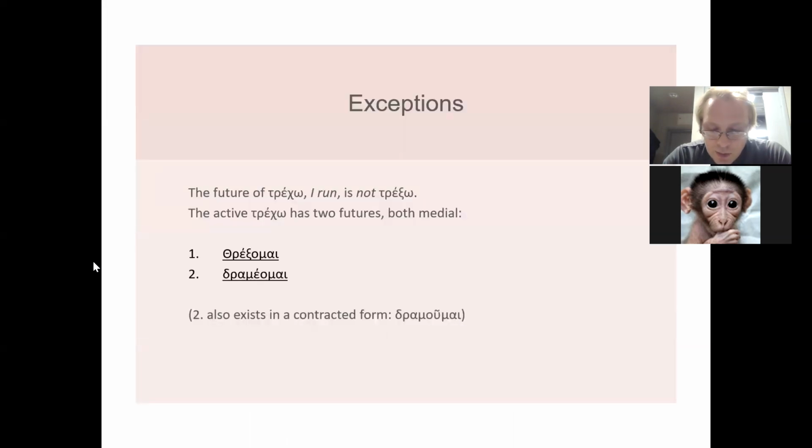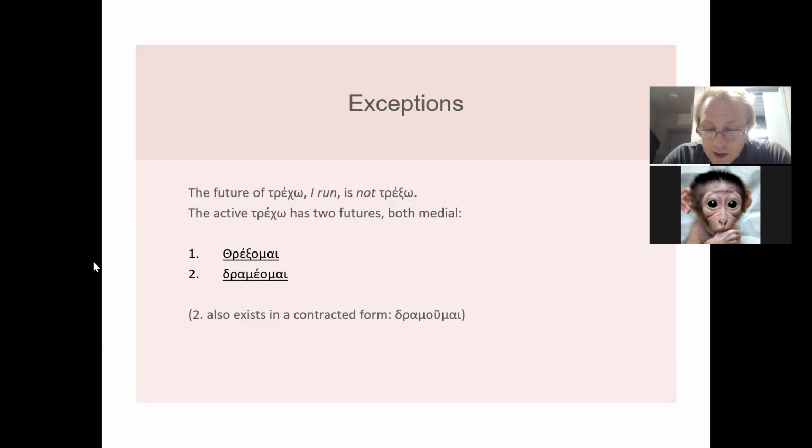Some exceptions that can be mentioned include the future indicative of the verb trecho, which is I run in both classical and modern Greek.